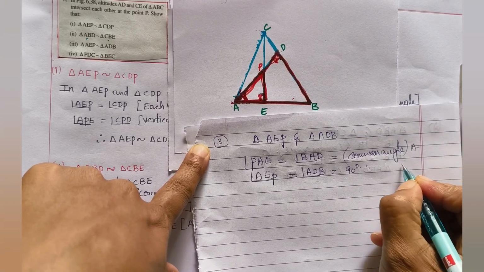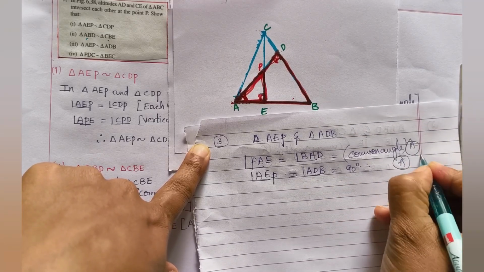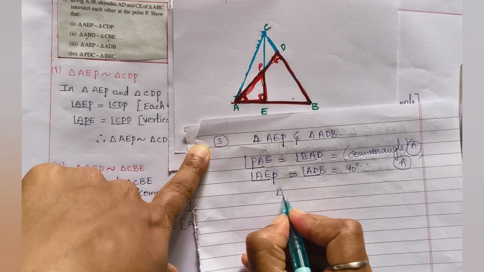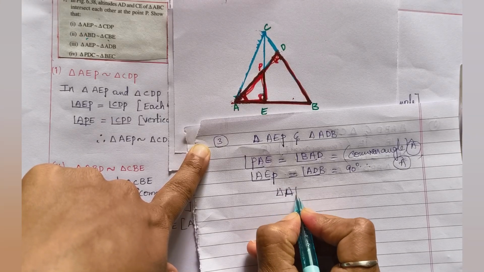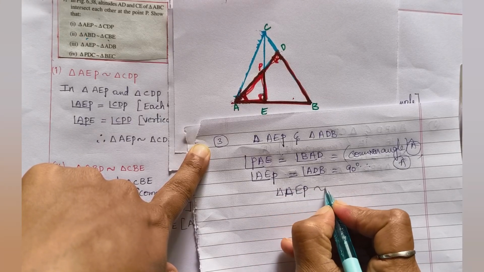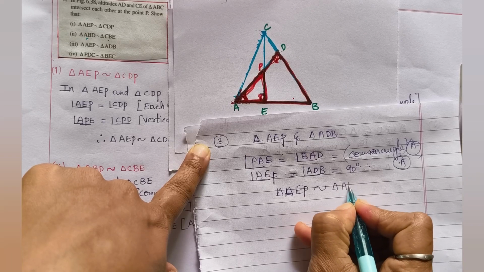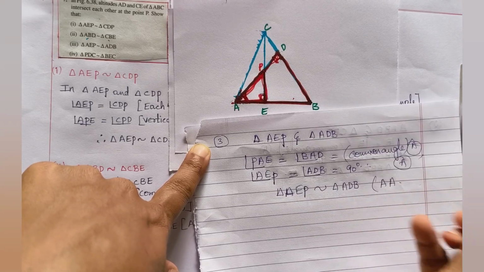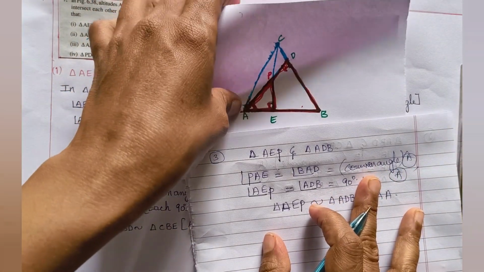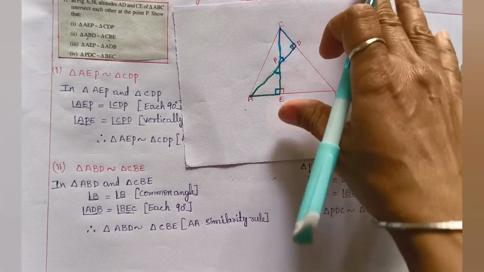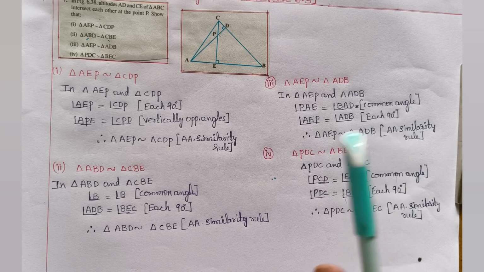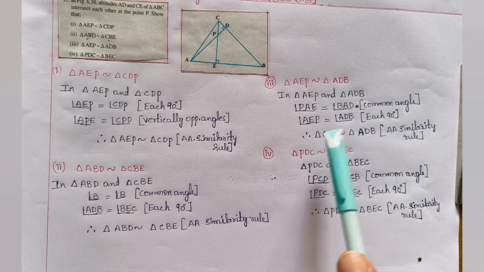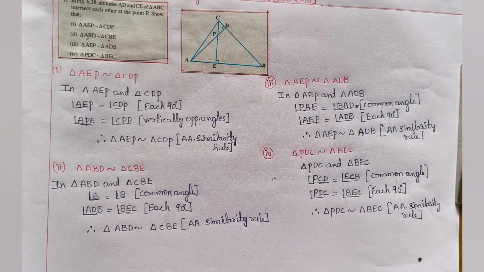So here one angle equal, here also one angle equal. So these two triangles are similar: triangle AEP is similar to triangle ADB, by the angle similarity criteria. See it, Baba: one is the common angle, one is 90 degrees. By using these, the two triangles are similar.